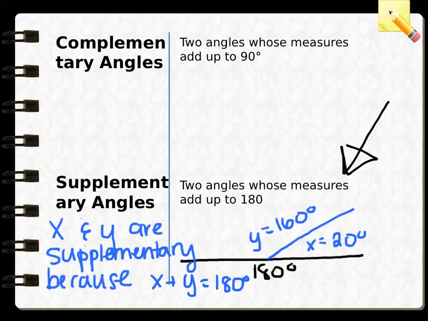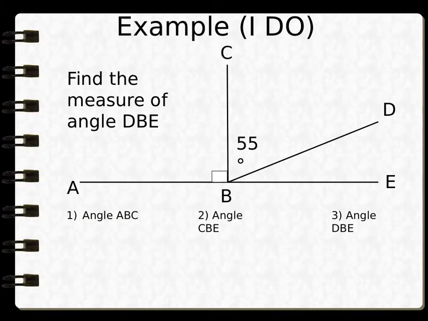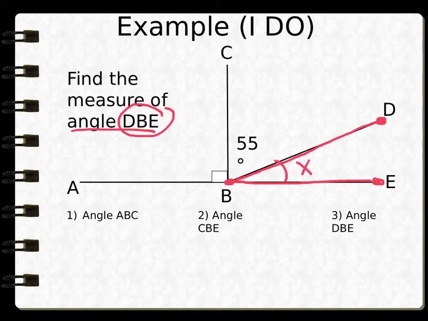Ready, pause. So let's put our knowledge into use in a problem. The problem states find the measure of angle DBE. And in order to figure out this angle, we're going to use these clues like a road map. We start with D, and then follow it to B, and then finally follow it to E. So we know that what we're looking for is this angle right here, and I'm just going to label it X. So step number 1 tells us to figure out angle ABC, and we see this right angle right here, so we know it's 90 degrees.